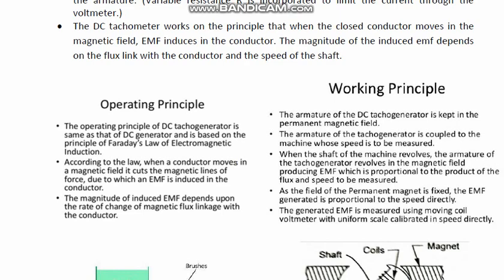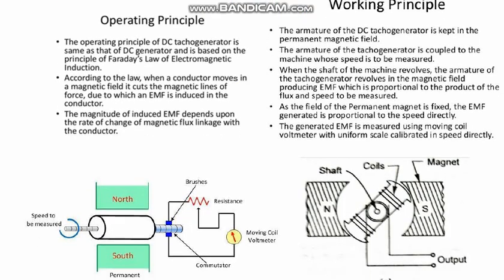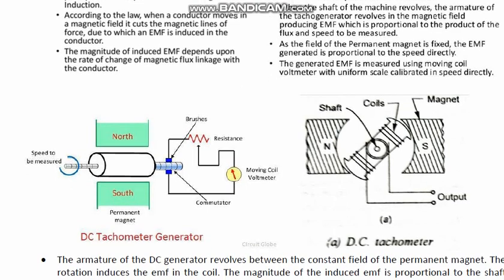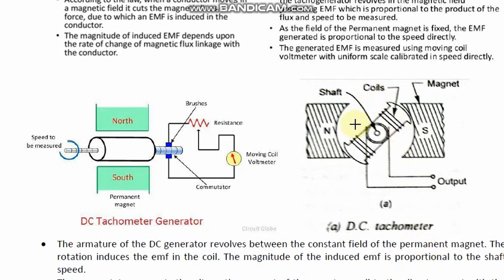Now let us have another picture through which you will be able to understand it correctly. See here, this is the cross section of the magnet, and this circle is attached to the shaft, and this is the armature. If there is an armature coil, with the help of the commutator, these two output terminals are connected with the armature windings.